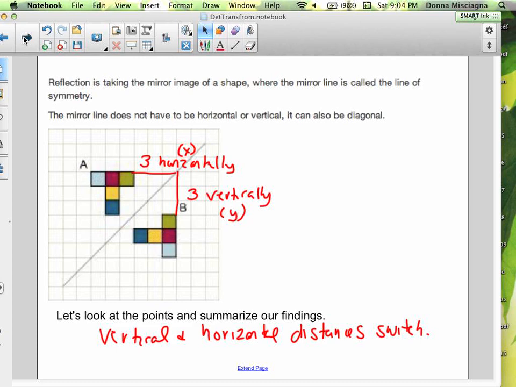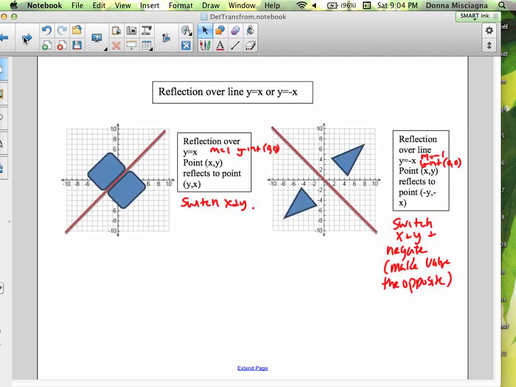Here we have the line y equals x and y equals negative x. Reflection over y equals x: point (x, y) reflects to (y, x). We switch the x and the y. Reflection over the line y equals negative x: we switch the x and the y and negate, because the slope is negative.